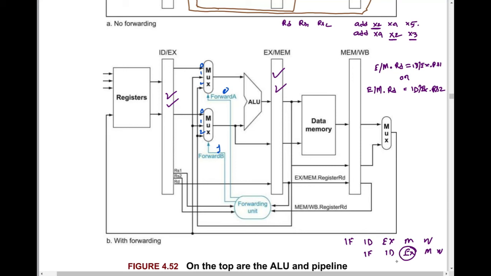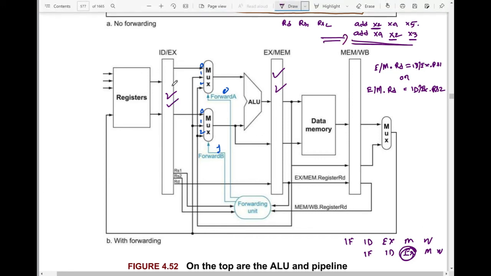So when this execution starts, it will read the information of the second instruction stored in this IDEX register, and at that time the information of the first instruction is stored in the XMEM register.